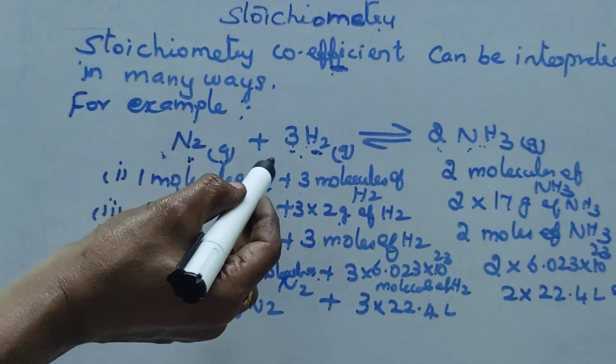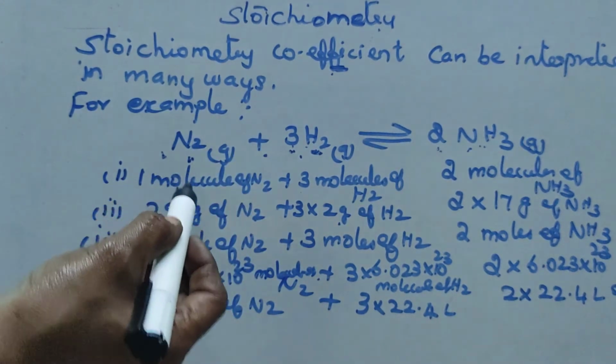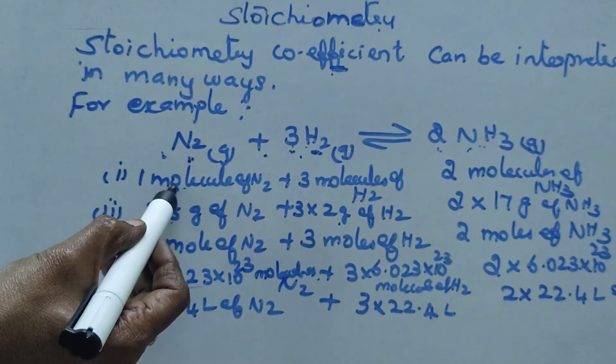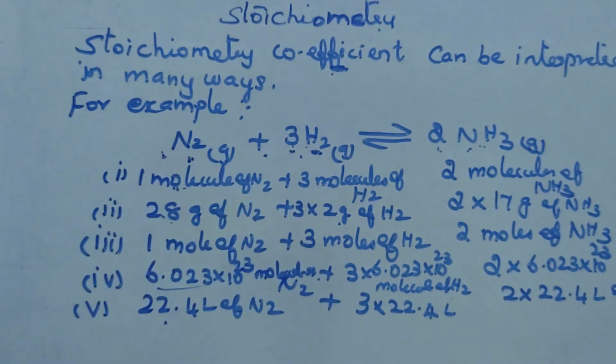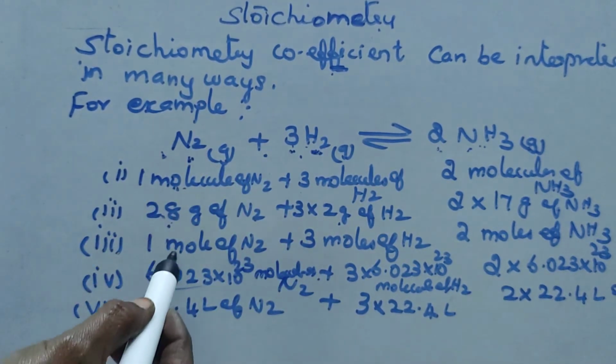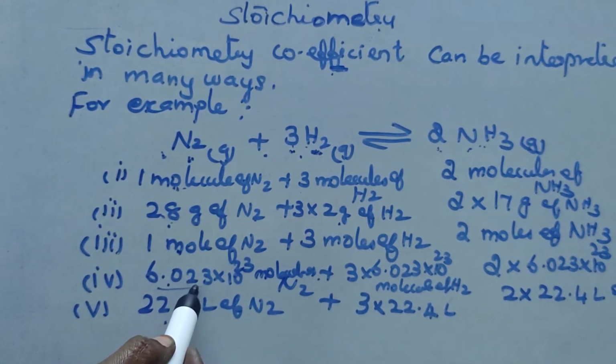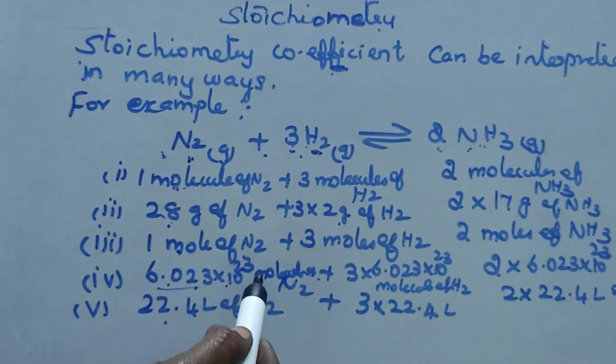So, the same chemical reaction can be interpreted in many ways. In the form of 1 molecule, 3 molecule, here gram, here 1 mole. 1 mole contains 6.023 into 10 power 23. So, in the form of number of molecules, then volume 22.4 liter.